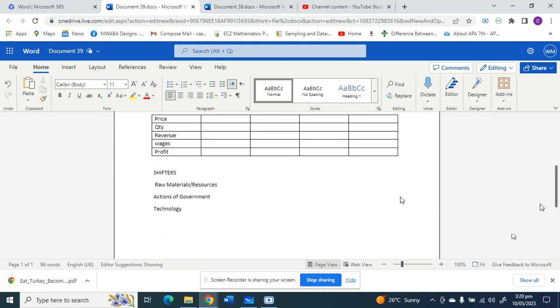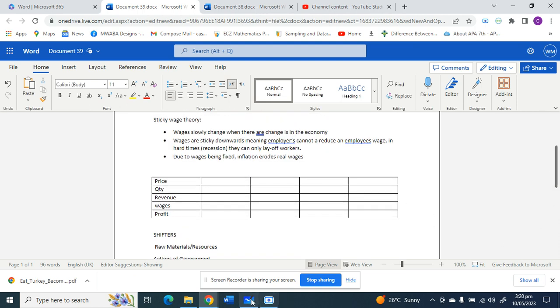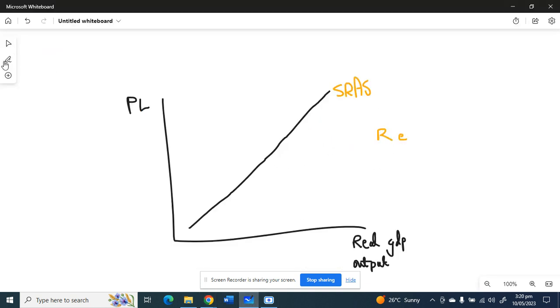What we mean by inflation eroding real wages: let's say you receive wages of 100 kwacha a month. Your total expenses for the month, let's say they are 60 kwacha. 100 minus 60, 40 kwacha disposable income, which you can use to buy other things that you like or save.